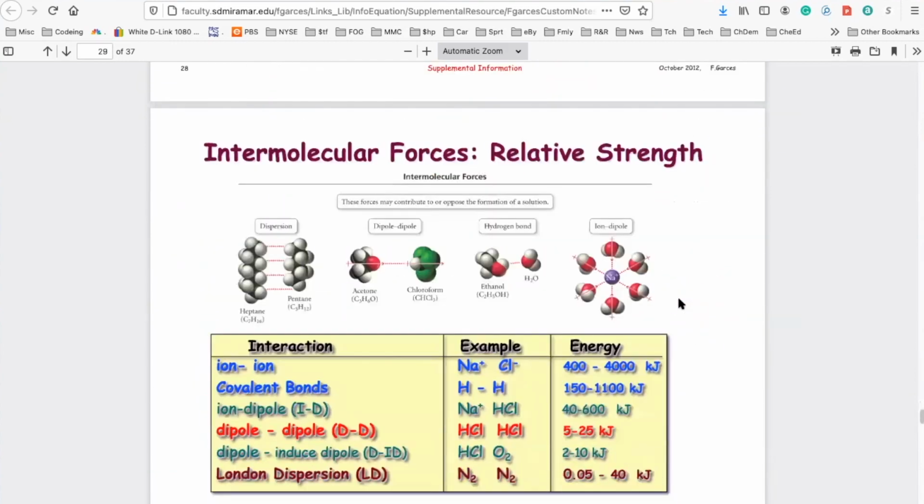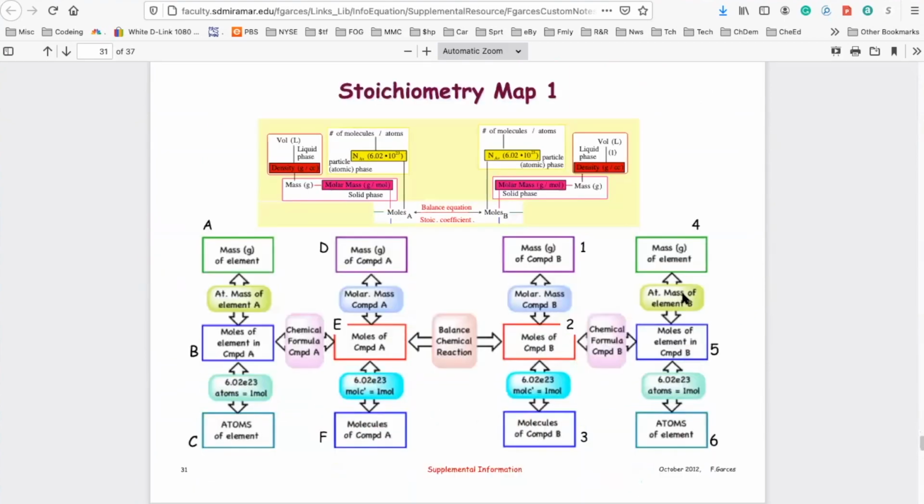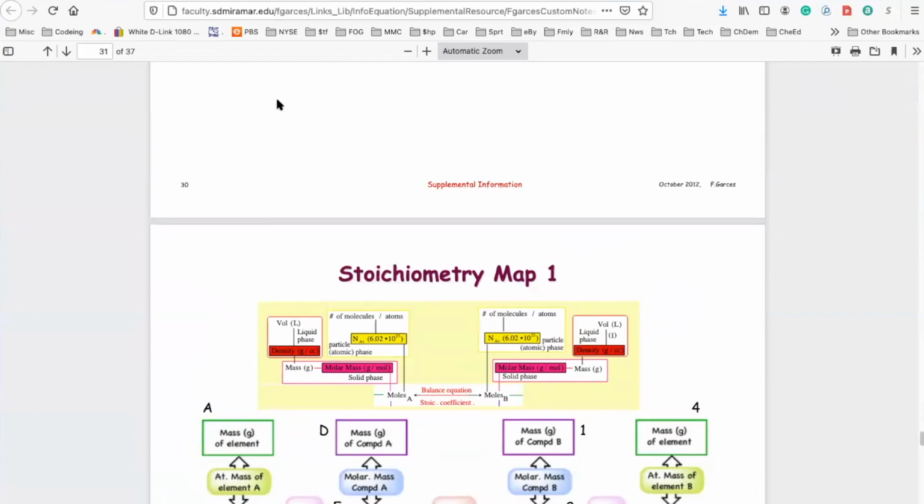And this is the stoichiometry map. I have these resources right here, which, if you bought the book, are also embedded in your book because I asked the publisher to do that. But here, it's all in one document.